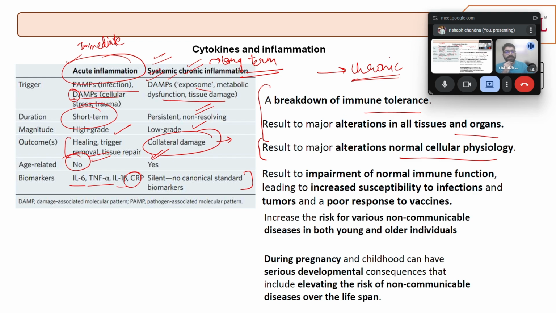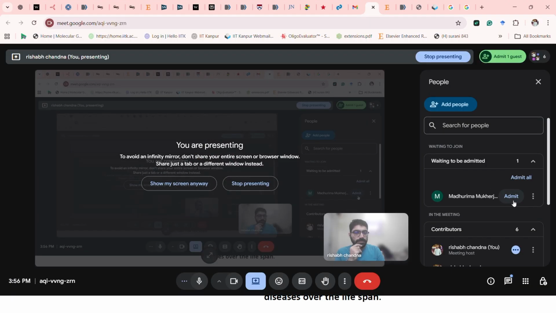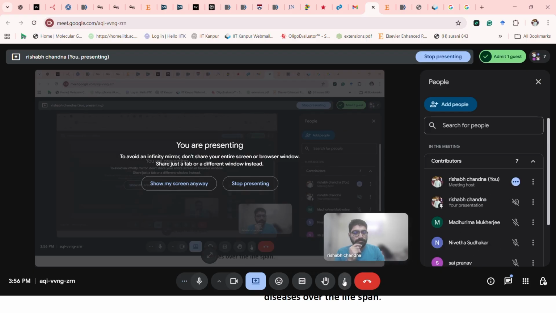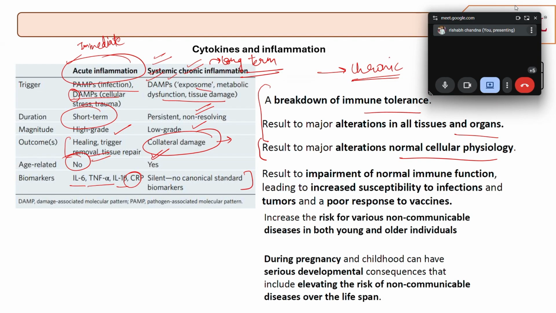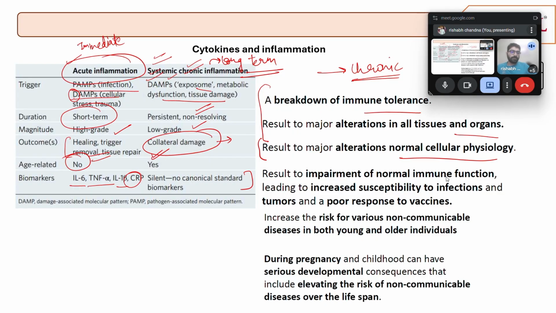It is a result of impairment of normal immune function leading to increased susceptibility to infections and tumors, and a poor response to vaccines, and increases the risk of various non-communicable diseases in both young and older individuals.